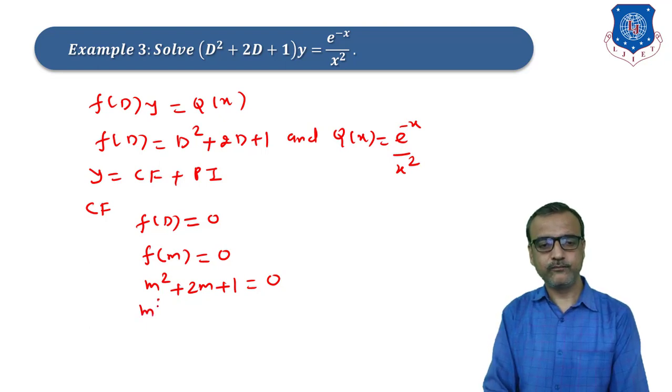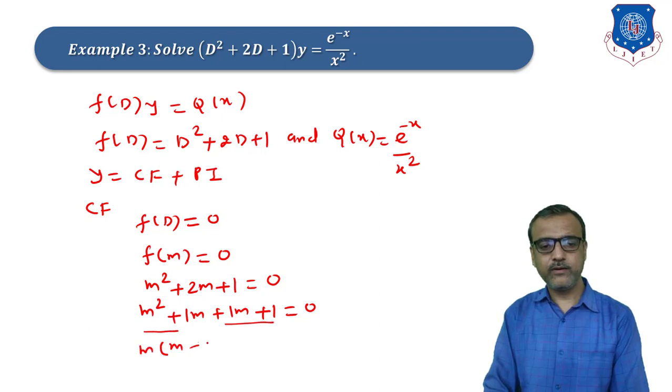So we will write down m square as it is. We will write down plus 2m as plus 1m plus 1m, plus 1 will be as it is, and that is equals to 0. Now taking common m, so into bracket we have m plus 1. Now taking one common from these two terms, so into bracket we have m plus 1, that is equals to 0.